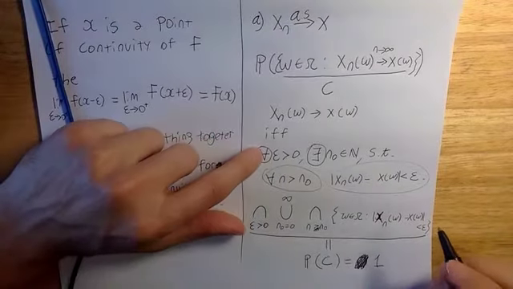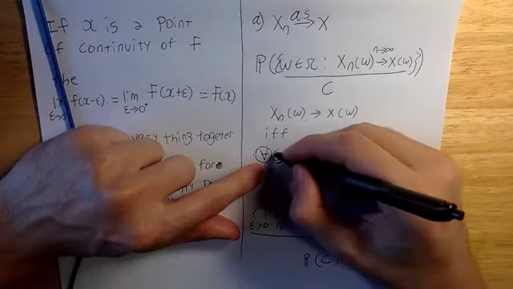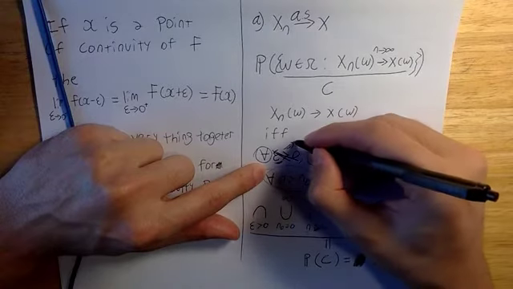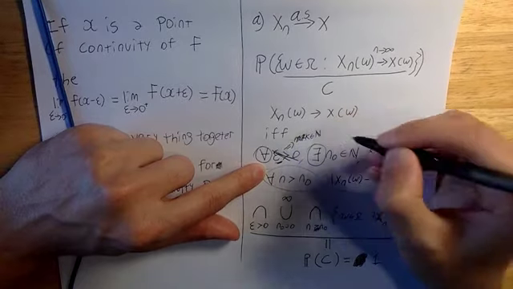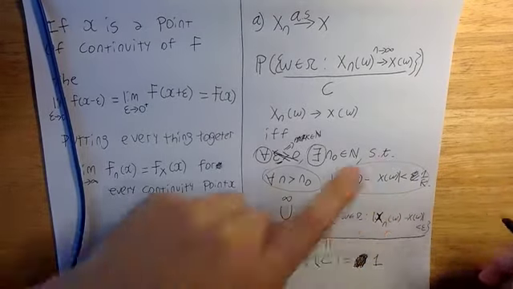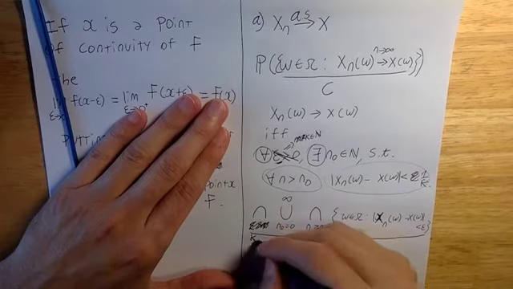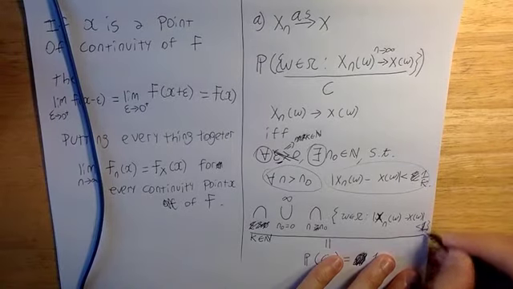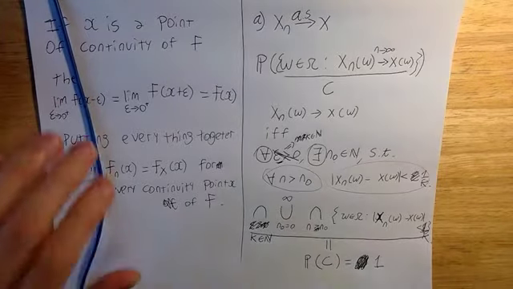Here I put epsilon positive, but we could have put for every k in N, and instead of epsilon put 1 over k, and take the intersection over k in N. Regardless, it doesn't quite matter.